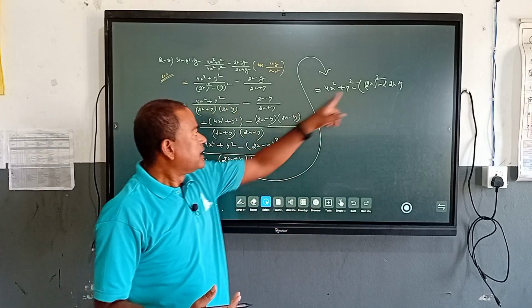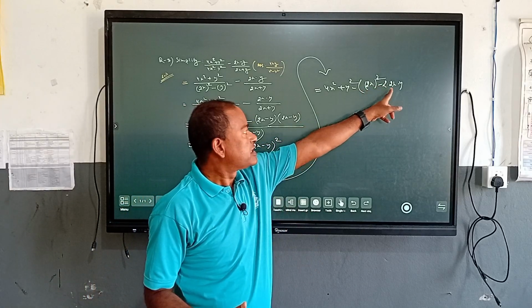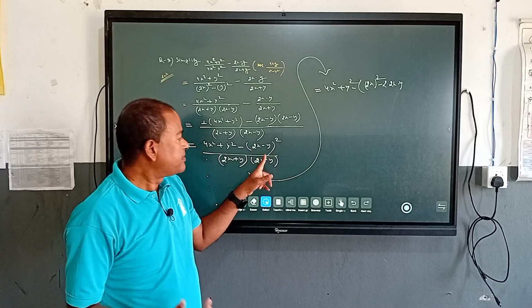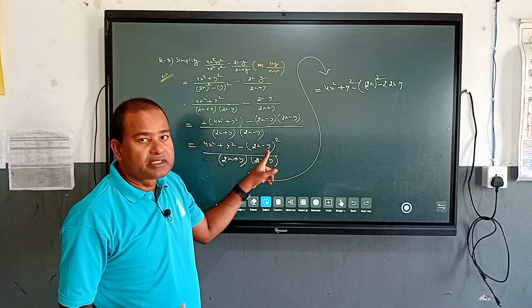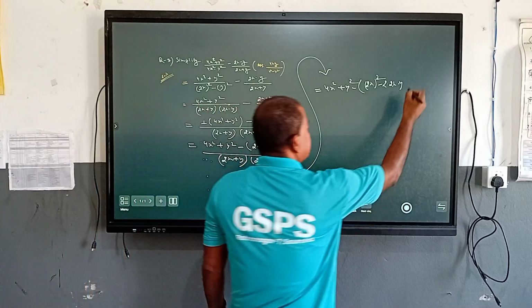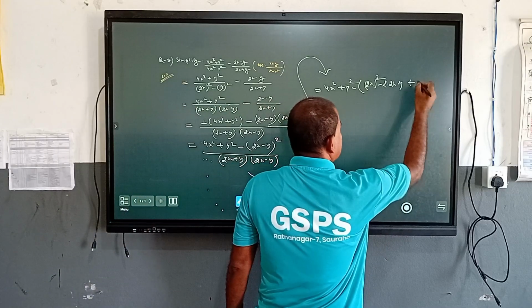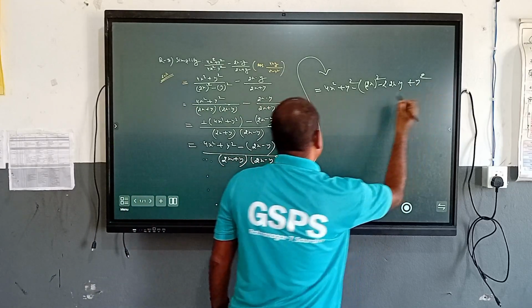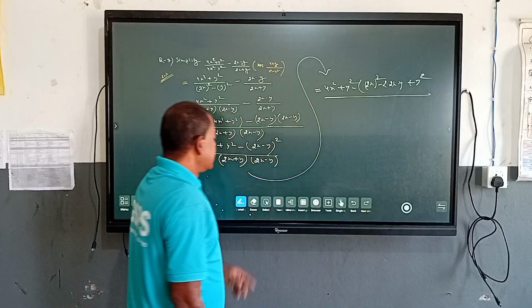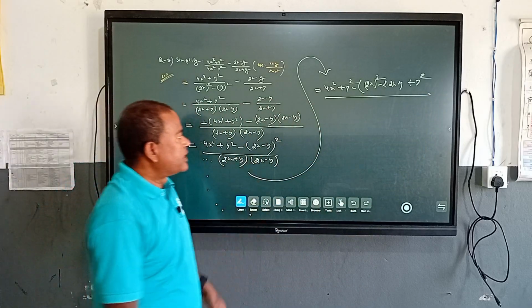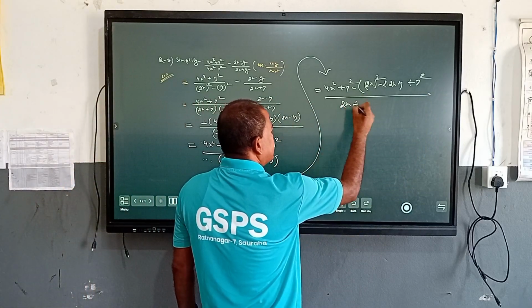So we have got a square means 2x whole square minus 2ab. Minus 2ab means 2 times 2x times y plus y square divided by 2x plus y times 2x minus y.